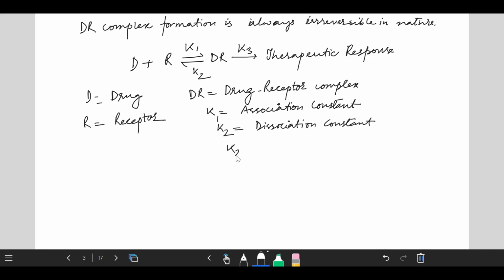And K3 is used to calculate the intrinsic activity. Many mathematical problems are asked from this kind of equation, so you need to remember all the things of this equation.